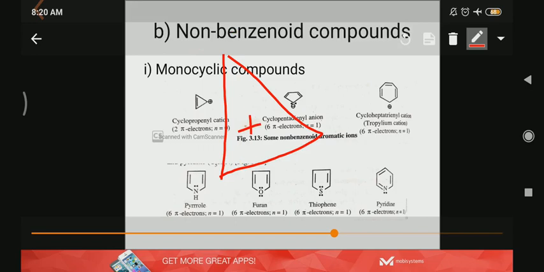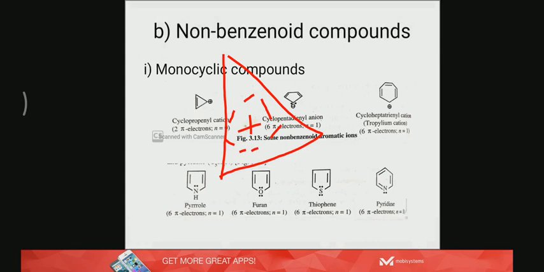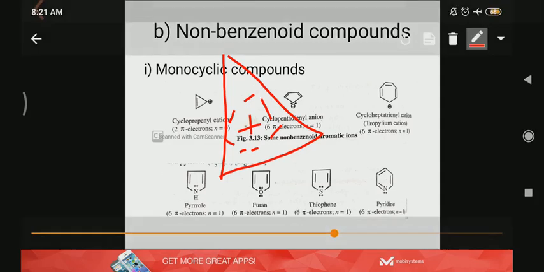Positive charge put here and we use a broken line ring. This is the delocalized pi electron ring. So cyclopropenyl cation is aromatic because there is only one pi bond, that is 2 pi electrons, and it is a Hückel number, and there is complete cyclic delocalization. Even though there is a charge, it is aromatic.